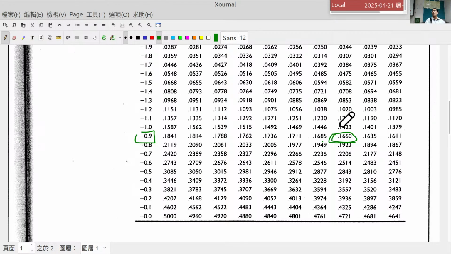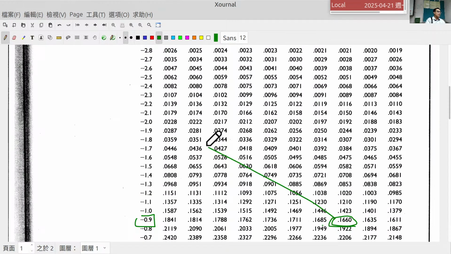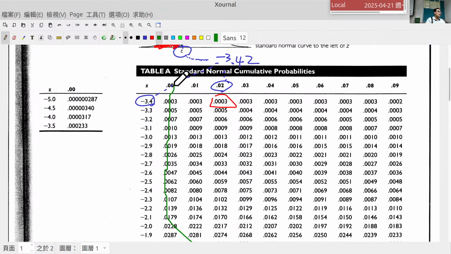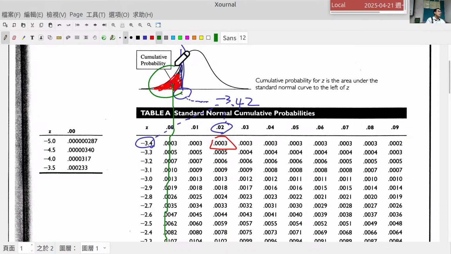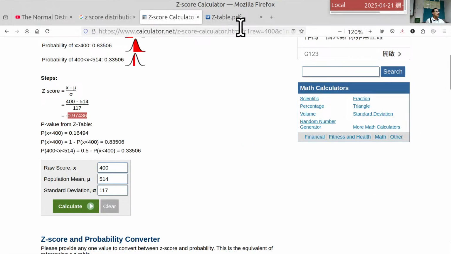It means 0.1660 is the area from the left side. So that is what we want. The area less than 400, the probability, is 0.1660. Very close to our textbook.